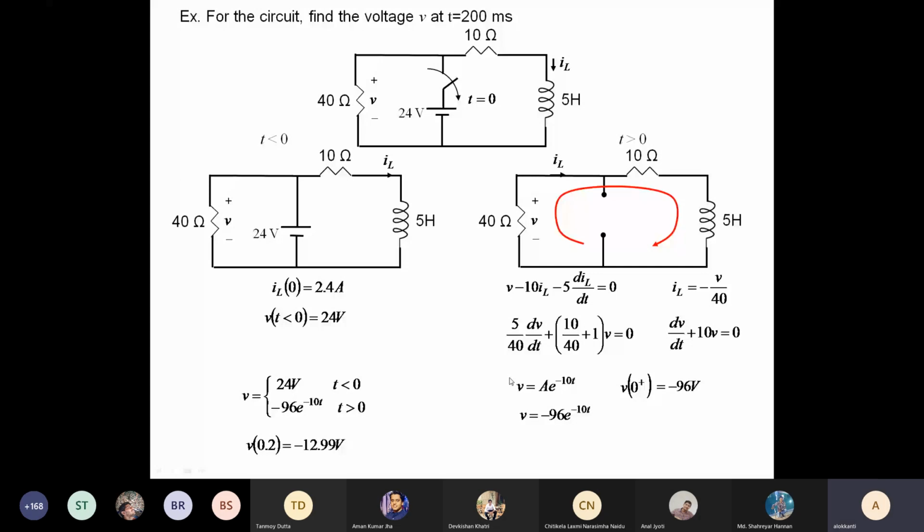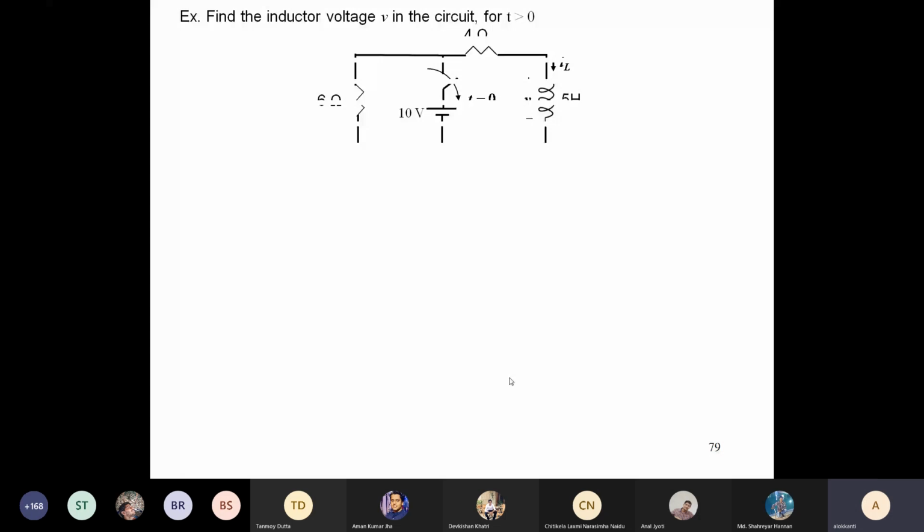Similarly, there can be a similar problem with the same type of circuit, but some values are changed here. 6 ohm, 4 ohm, the resistance values, the battery is 10 volts, and the switch convention is also the same.